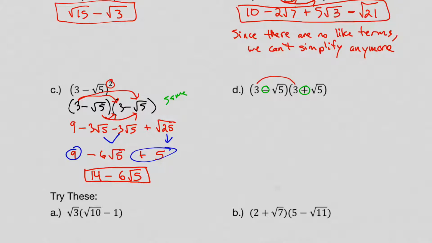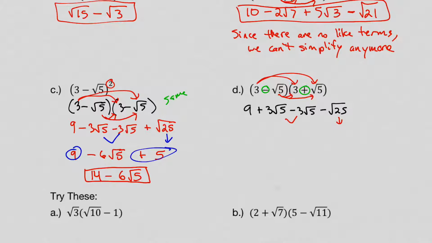So let's do FOIL here. So that's going to be 9 plus 3 radical 5. Then inner and last, it's going to be negative 3 radical 5 minus square root of 25.